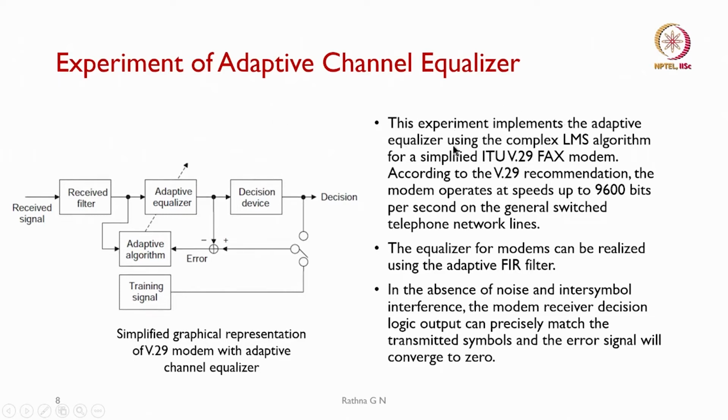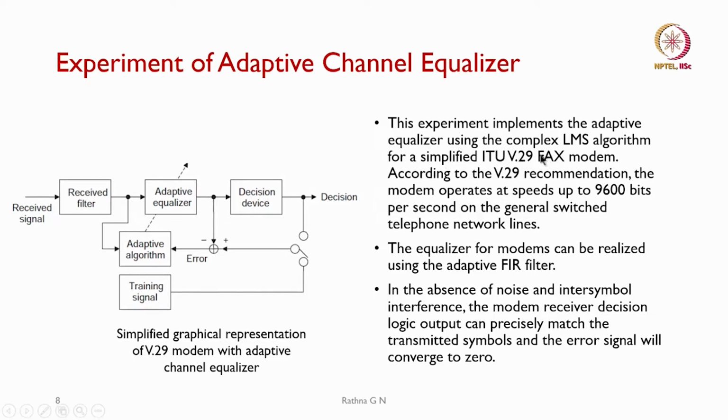Adaptive equalizer using the complex LMS algorithm for a simplified ITU communication standard. V.29 is a fax modem. For various other applications, such as audio or speech, we have different standards.